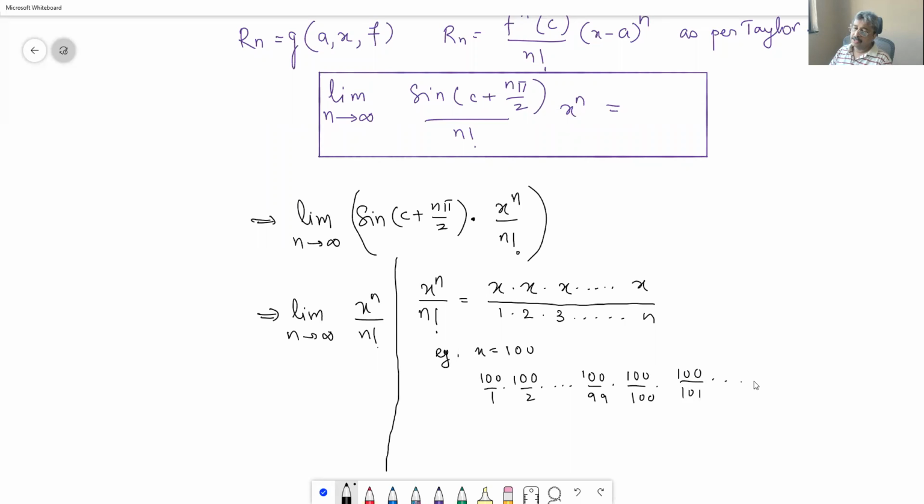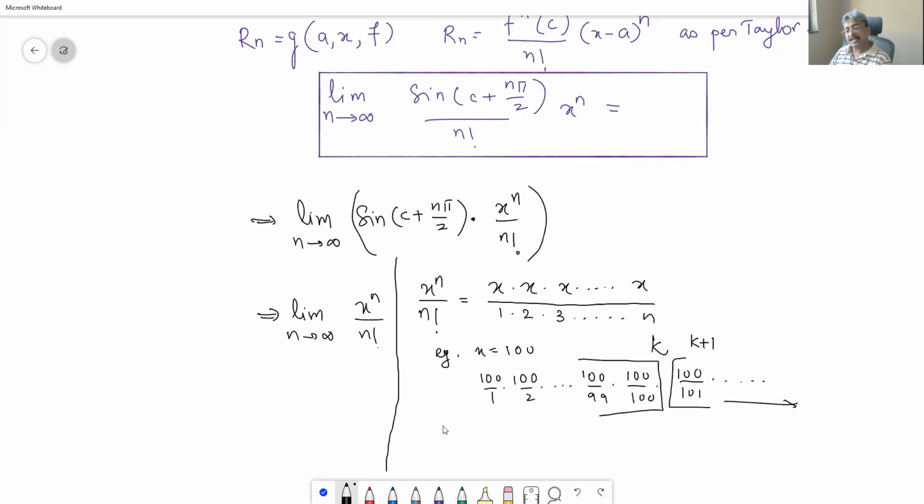Okay, so for a fixed finite number x, not necessarily an integer, but whatever it is, there will be first k terms, up to k, there will be k terms which will produce a fraction greater than 1, and the k plus 1th term will be a fraction less than 1 and so on.